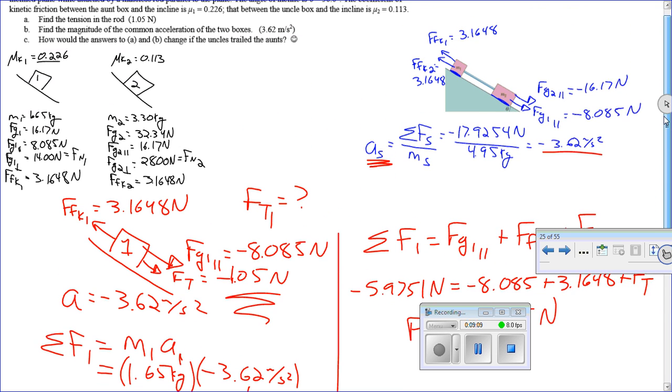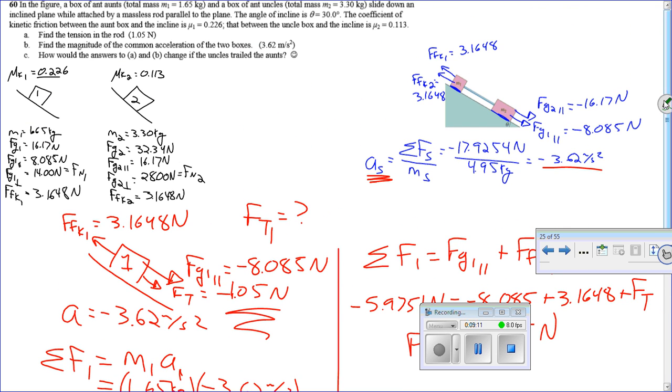All right. Now here's the kind of neat thing about this. In part C, if you switch the order of the boxes, if you put mass 2 here and mass 1 here, then all of the numbers that are here stay the same, right? And so you still get the same acceleration, right? Which means that this drawing looks exactly the same, right?